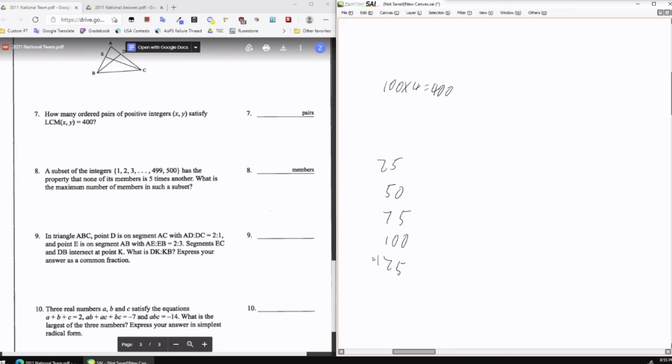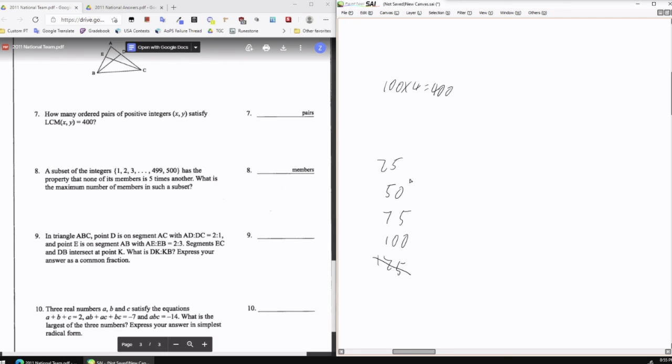If we were to include 25, we can't have 125. If we were to include 125, we can't have 25. So it doesn't matter which one we include, the number stays the same in the end. We can just include 25 for ease of counting. So basically it's every multiple of 25 that's not a multiple of 125.